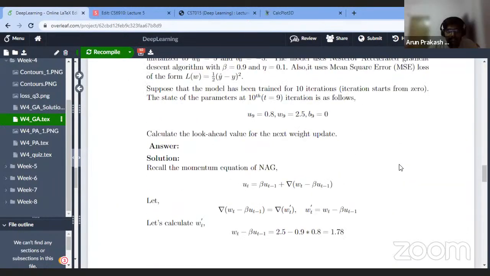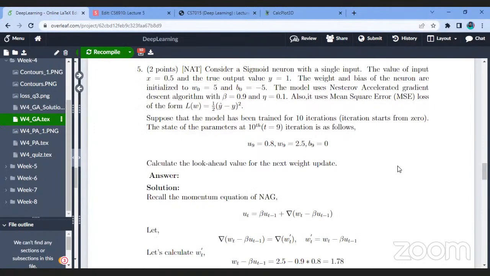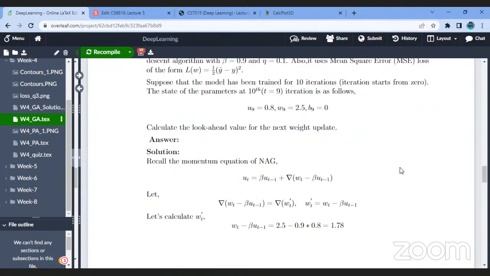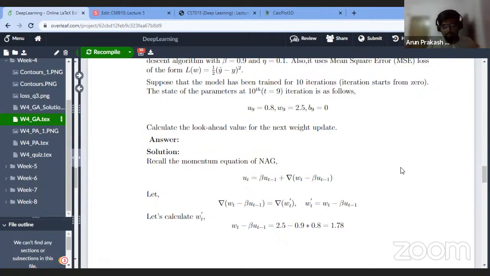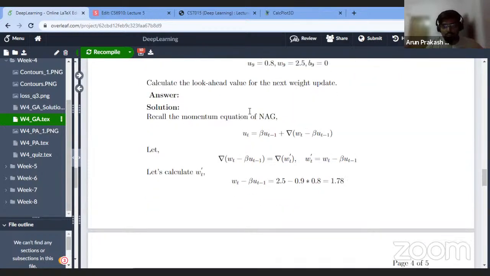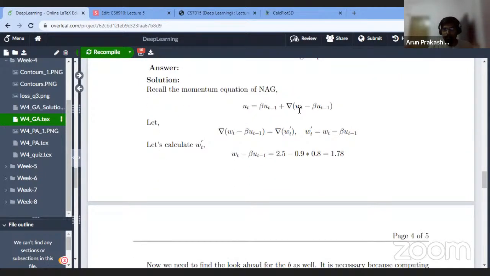Fifth question, right? Yes, sir. So anyway, let's forget about that code. Let's pay attention to computing this look ahead value.